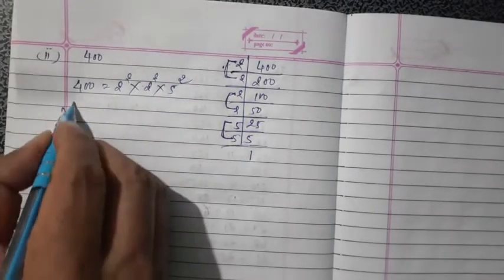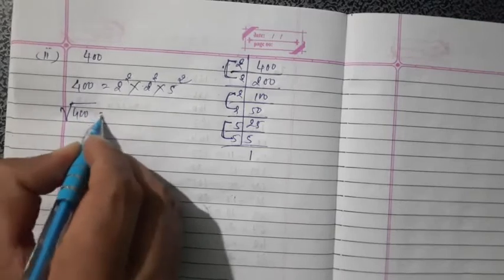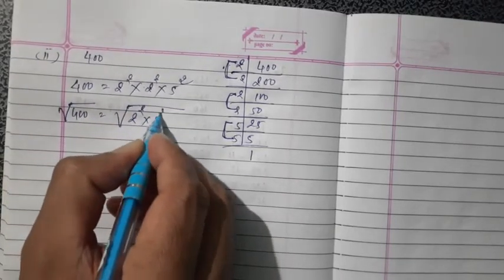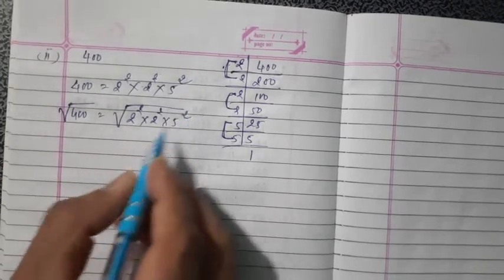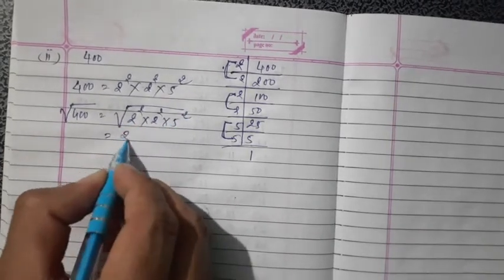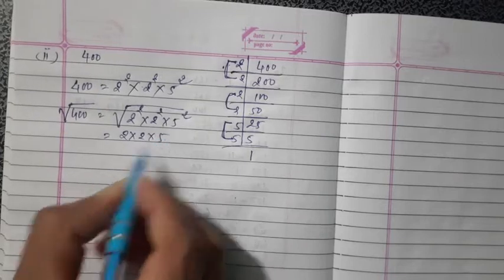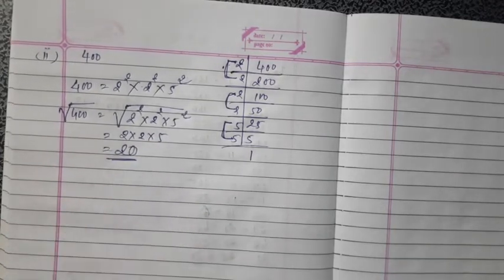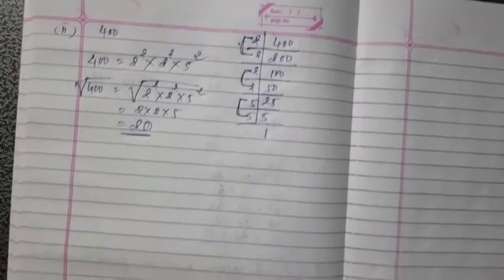So square root of 400 equal to square root of 2 square into 2 square into 5 square. Now square and square root cut, so 2 into 2 into 5 equal to, 5 2s are 10, 10 2s are 20. That's your answer, 20.